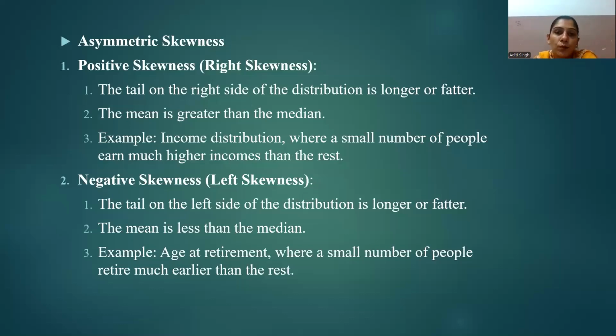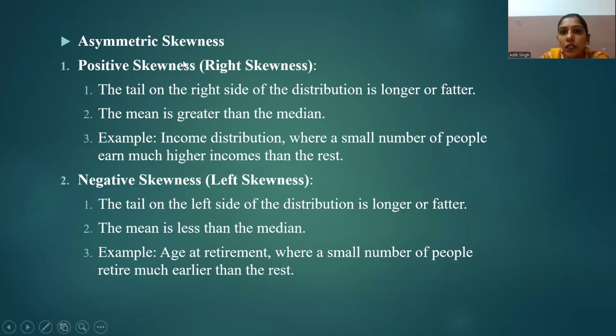So we get a positive skew distribution for which mean, median, and mode are not equal. The tail on the right side of the distribution is longer or fatter, and the mean is greater than the median.